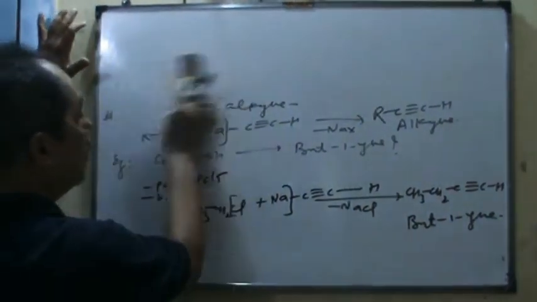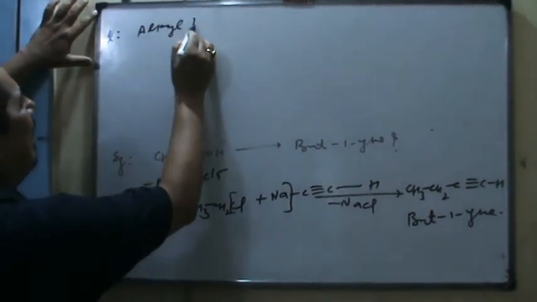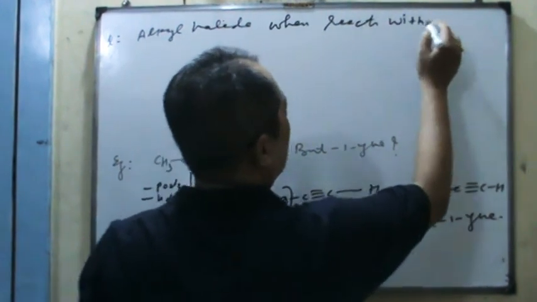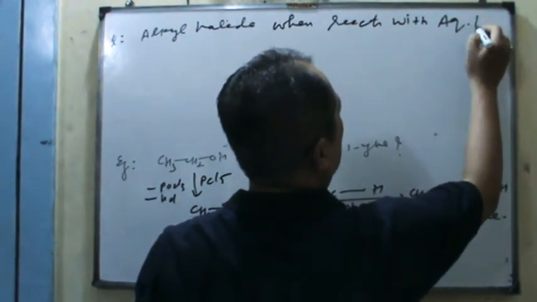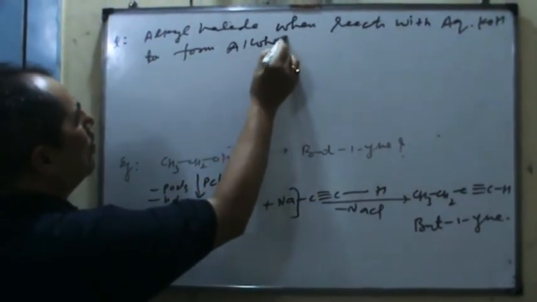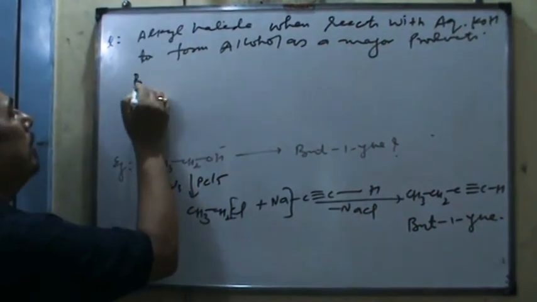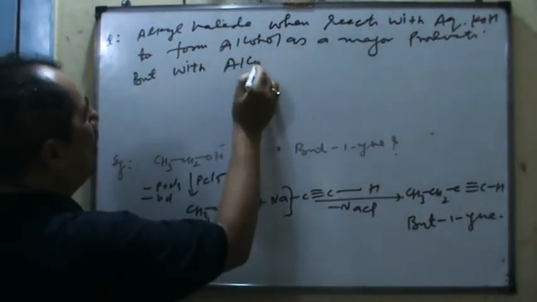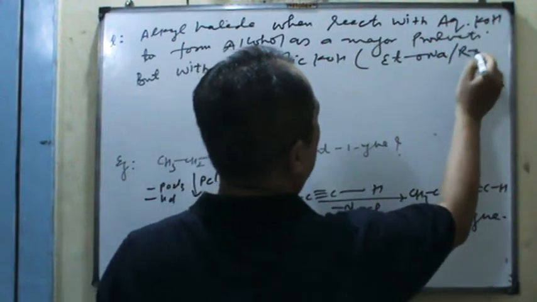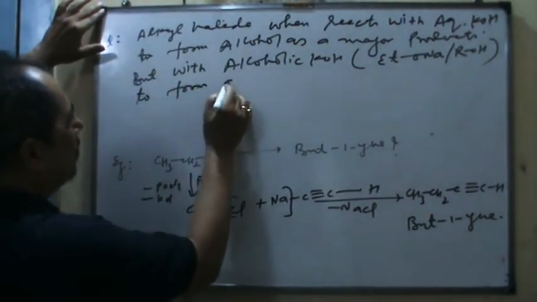Now another question is very important. Alkyl halide, when it reacts with aqueous NaOH or KOH, forms alcohol as a major product, but with alcoholic NaOH or KOH or sodium ethoxide in presence of alcohol to form what is that?